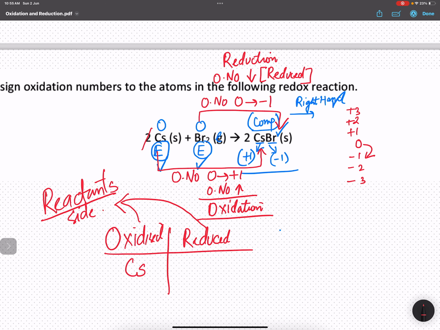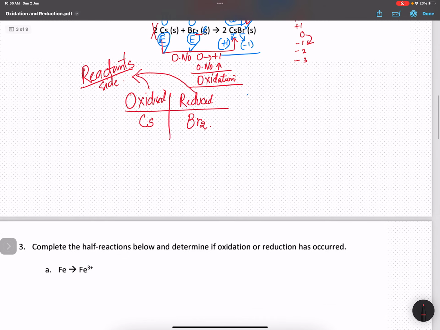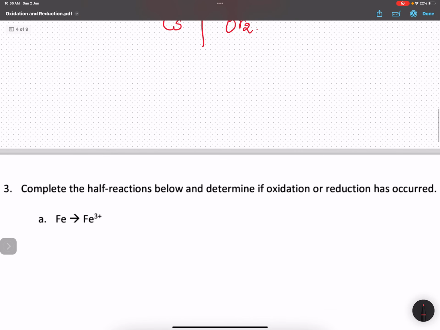You can ignore the coefficients. Reduced is Br2. So you have to write Br2. Don't miss the 2, because otherwise your answer will be wrong. Now look at the next one. Complete the half reactions and determine if it's oxidation or reduction.